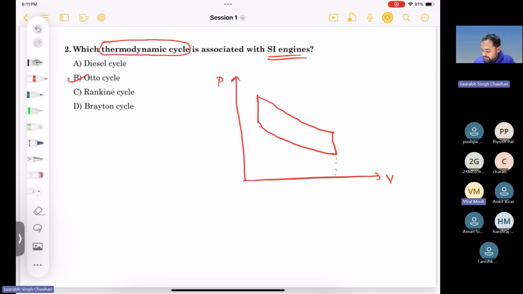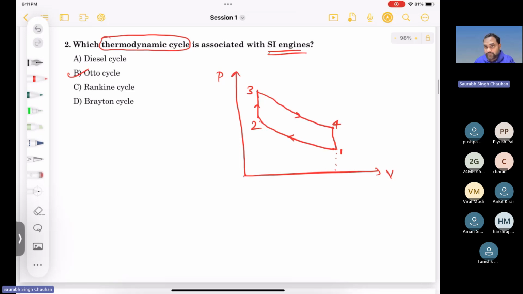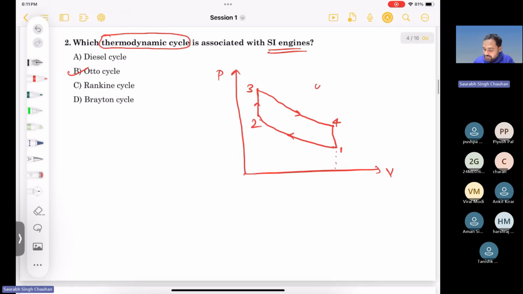Constant volume exhaust. Okay, so this is point 1 to 2, isentropic compression, and 2 to 3 it is heat addition, and 3 to 4 it is power stroke or isentropic expansion, and 4 to 1 is your exhaust stroke. Okay, so this is Otto cycle.